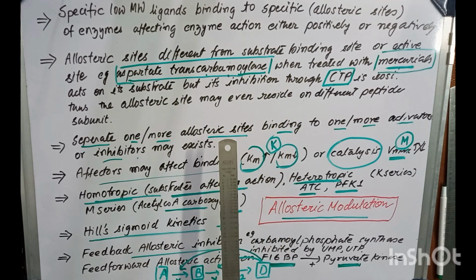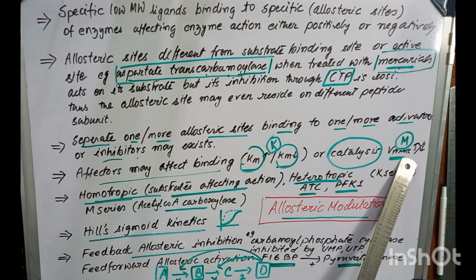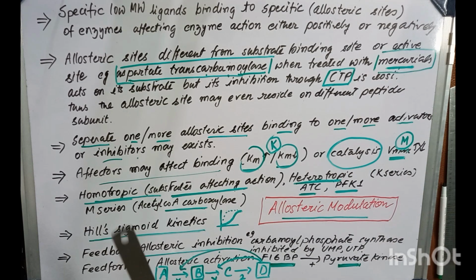The third point is that one or more allosteric inhibitors or activators can act on the same enzyme. The fourth point is that effectors may influence the Km of the reaction, or they can influence the catalysis, meaning the Vmax of the reaction. The fifth point is that when these inhibitors or activators are actually substrates, it is called homotropic allosteric regulation. When it is other than the substrate, it is called heterotropic allosteric inhibition.